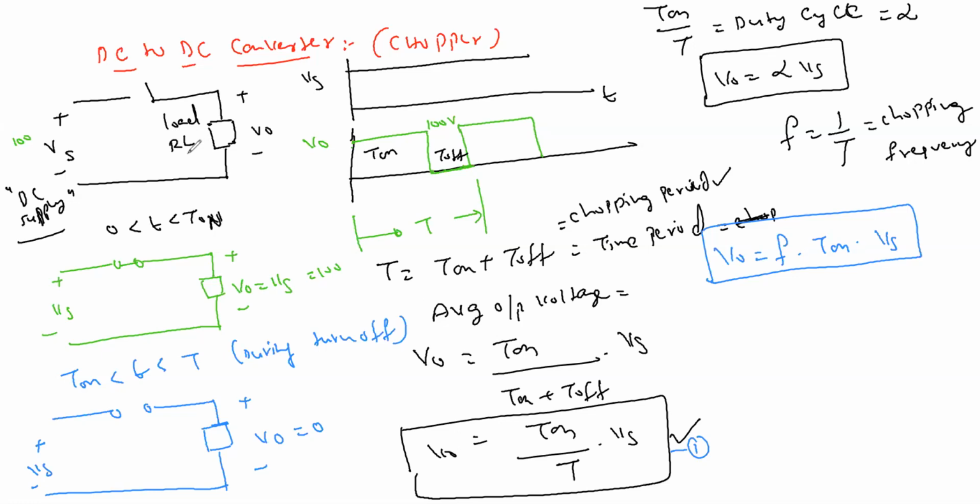In the R load, when you open the switch, the current also becomes discontinuous, that is, the current I0 flows only for the T on period. For example, I'm talking about this only. If the load is R, then what is the output waveform? I'm writing the same circuit. The only thing is I'm adding a freewheeling diode.